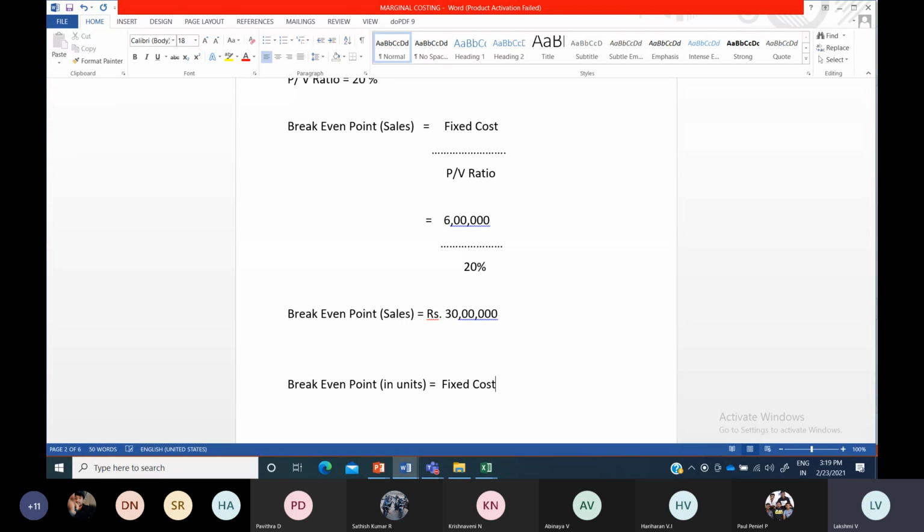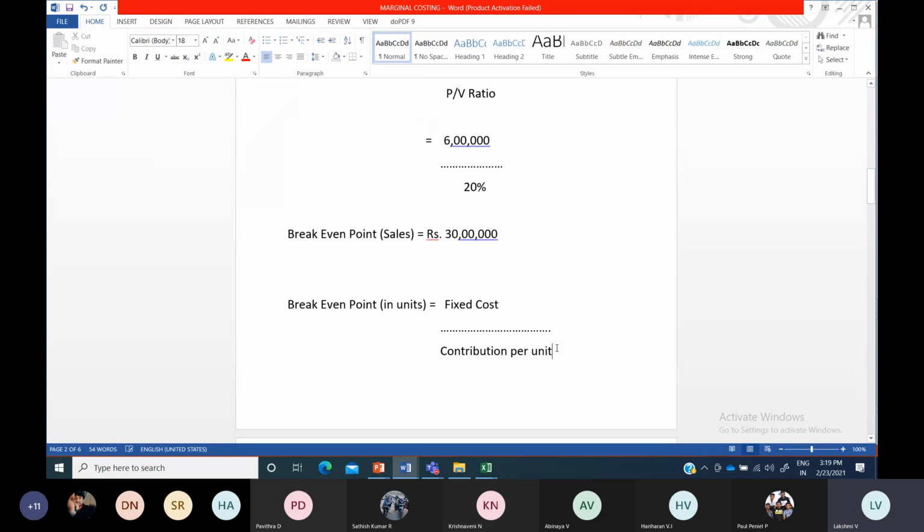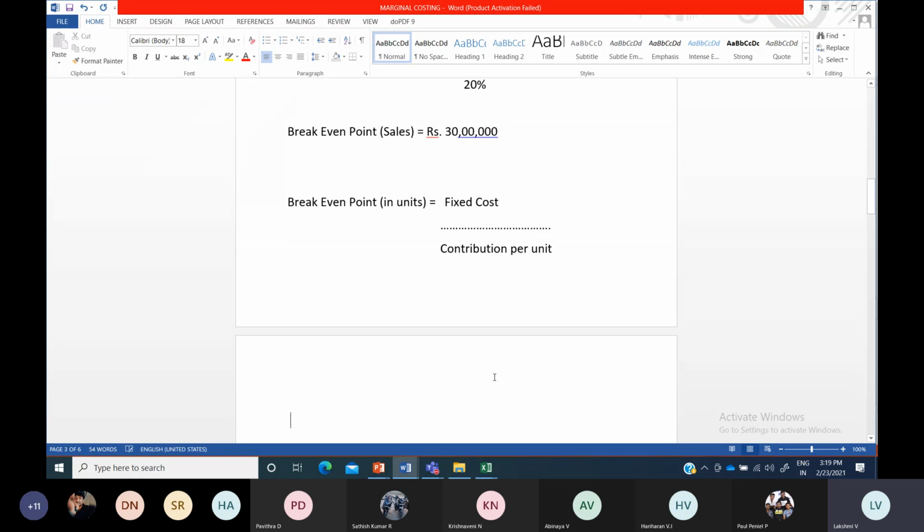Fixed cost divided by contribution per unit. Okay, so now you have to see what is your fixed cost? Fixed cost is given in the question, that is 6 lakh.